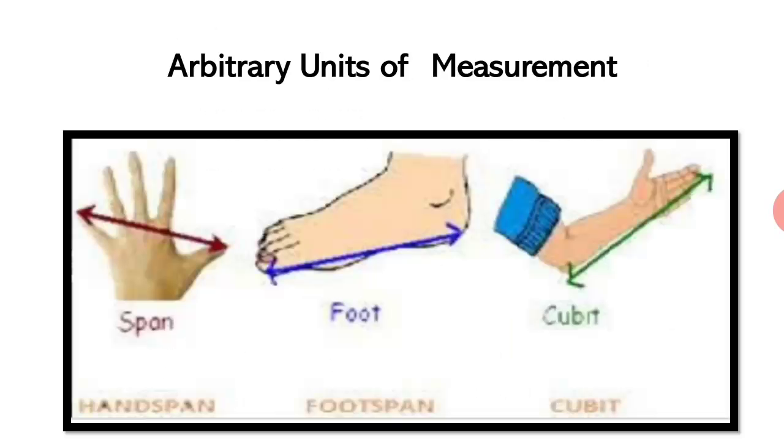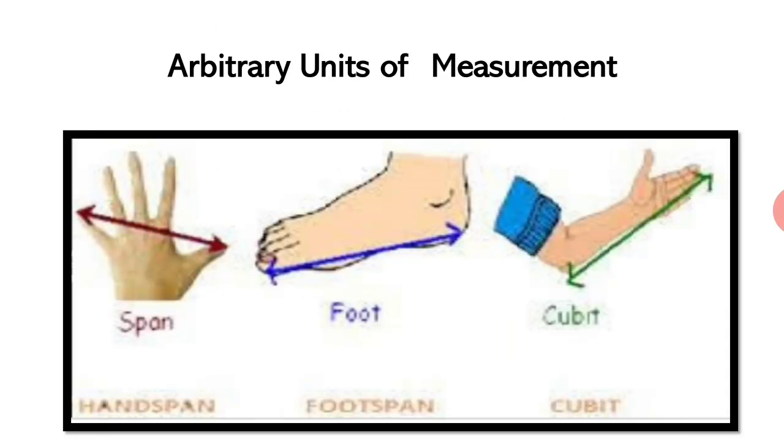So this was not a standard and it varied from person to person. Even today, when we ask you to measure the desk, you take a hand span and say it is 10 or 5 hand spans. But it is not an exact measurement. It caused a lot of confusion, because maybe you measured 5 hand spans and the other person 4.5.